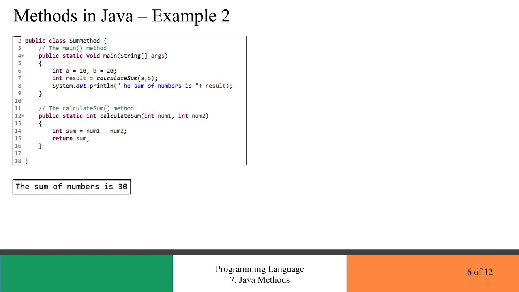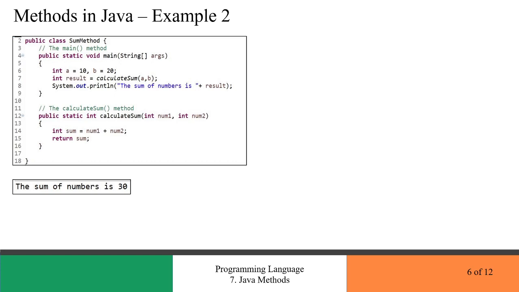The calculateSum method receives these values, performs some calculations on them. In the example here, we are creating another variable called sum as a part of line 14 and assigning the sum of the variables num1 and num2 to it. And we are using a keyword return to return this value to the main method.